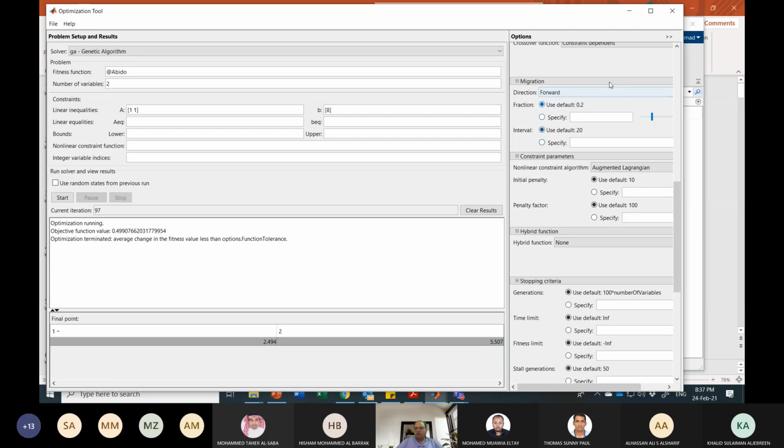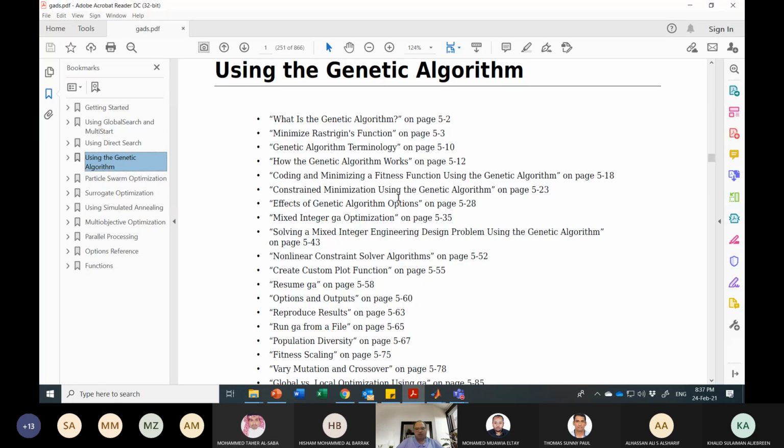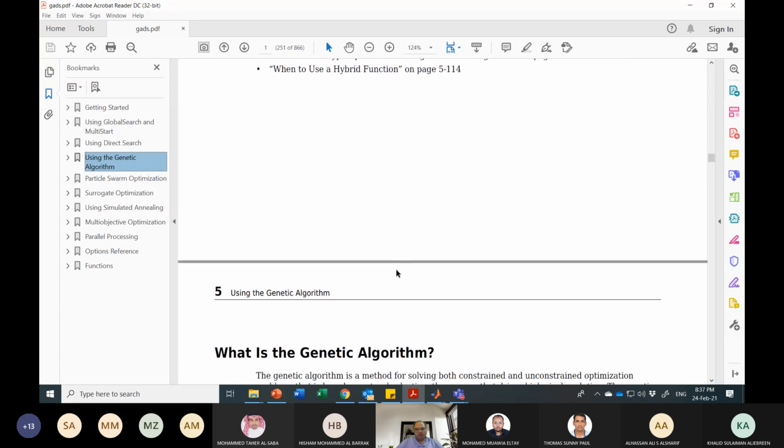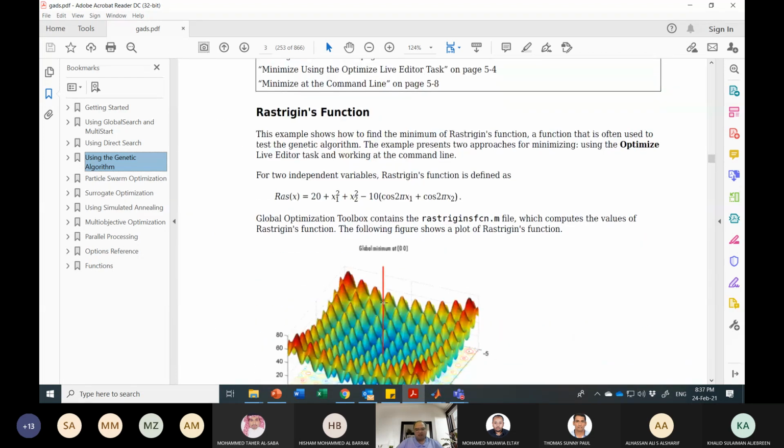So this is the graphical user interface, and I posted this Global Optimization Toolbox on Blackboard today. You can see here, using the genetic algorithm, you can read and go through these examples.